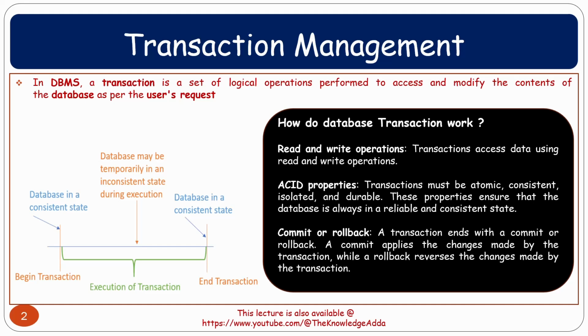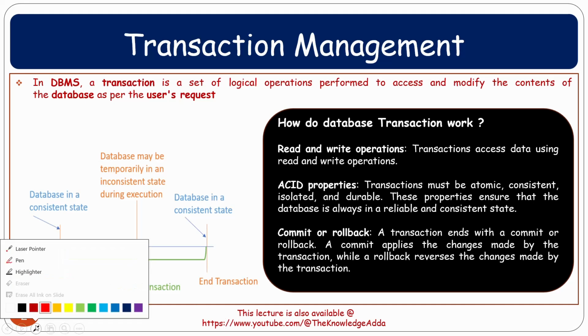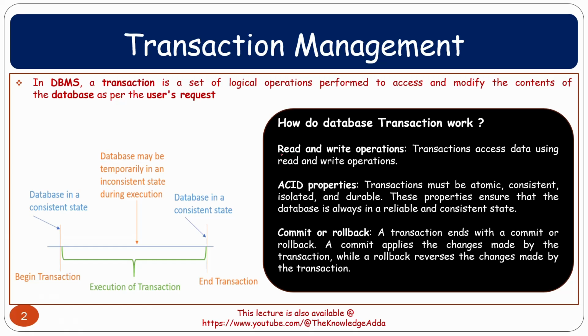When we discuss how a database transaction works, there are two types of major operations performed by the database management system. One is read and write. Read means we are accessing the data, and write means inserting and updating the data. Also, a database management system has the ACID properties. A transaction must be atomic, consistent, isolated, and durable.